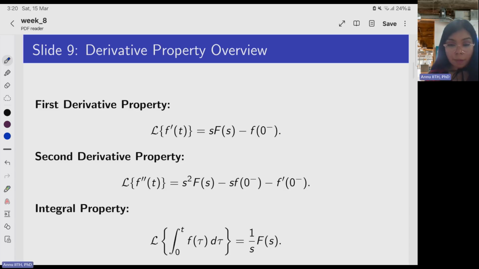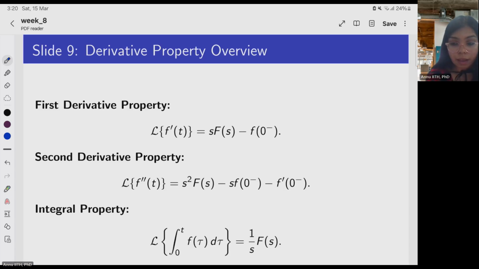Let us have some derivative properties now. So the first derivative property is Laplace transform of f dash of t is equal to s F(s) minus f of 0.